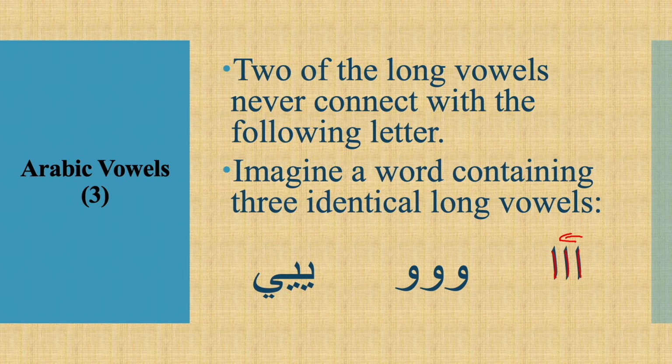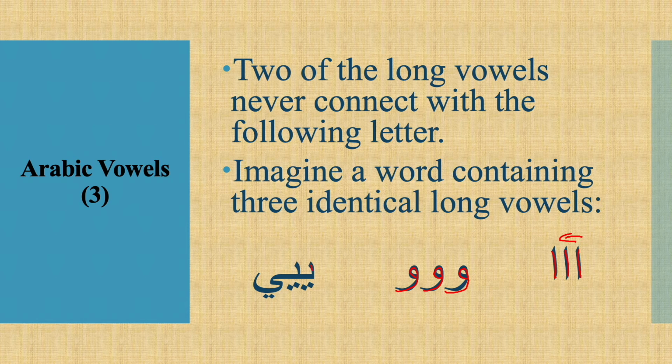The long U is also one of the 6 non-connecting letters. So if you write long U, and then another long U in the same word, and then a third long U in the same word, there will be no connection between these letters. The long E, however, is a connector.